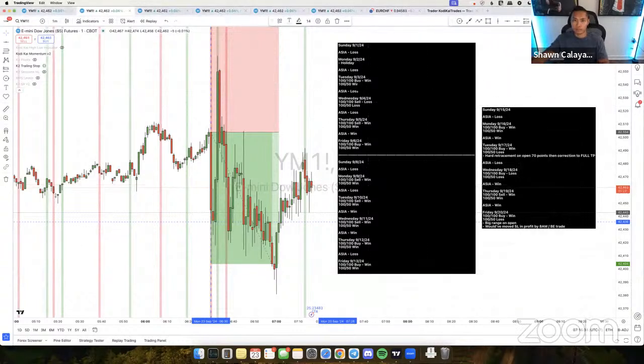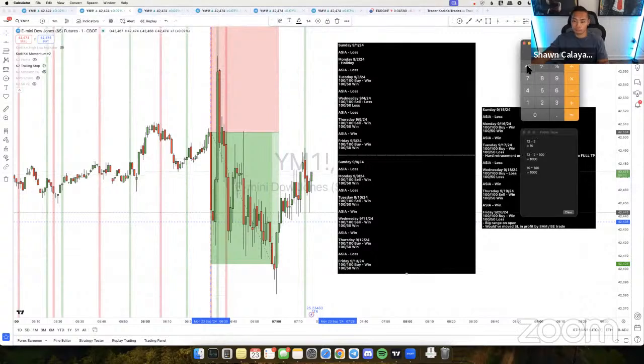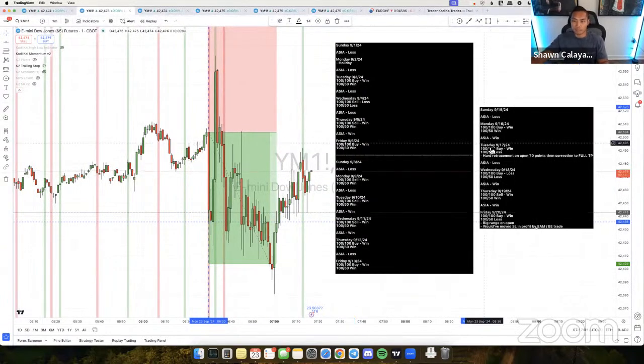And then 1, 2, 3, 4. 4 losses, 50 times 4, 800. Okay, wait, I have to think about this now because I didn't realize that the 100 actually won more. Because if that's the case, then the 1-to-1 should be perfectly fine. It just has 2 more wins though.